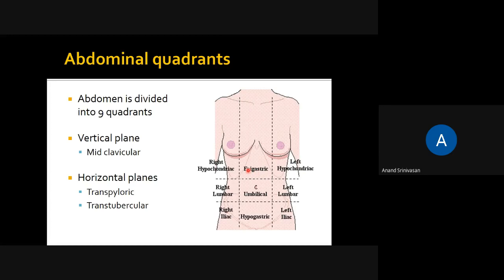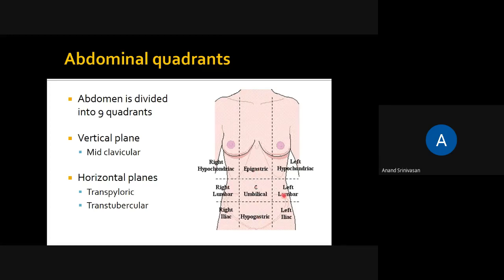Since this is present above the stomach, it's called the epigastric region. And this one, since it is present below the stomach, is called the hypogastric region. So epigastric, umbilical, and hypogastric: three regions present in the center.